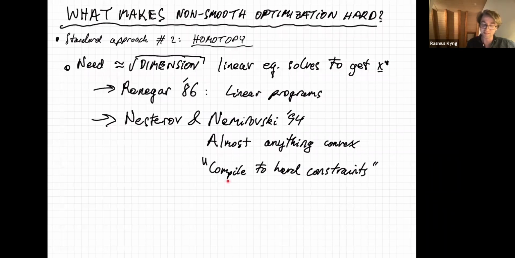But their approach is that you take some convex problem and turn it into a bunch of hard constraints, and then you solve that, roughly speaking. And that turns out to be kind of mean, in that you're inherently stuck at this square root dimension iteration count in some sense. Okay, so square root dimension, you can do anything that's convex, roughly speaking.